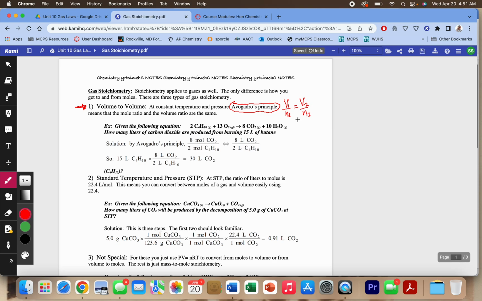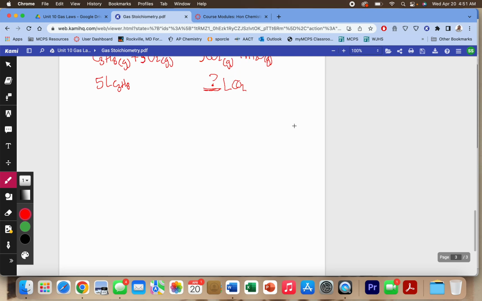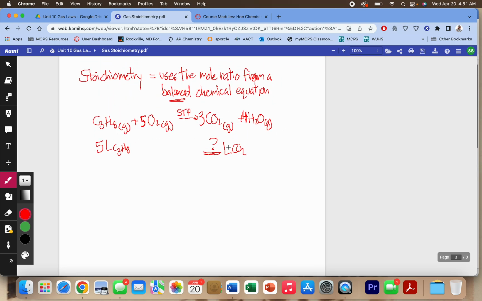Let's take a look at that, because our first sample problem was just that. This is volume to volume, in other words, liters to liters of gases at some constant temperature and pressure. In that case, I know, because of this equation, that there is a ratio of carbon dioxide: we can say 3 moles of CO2 for every 1 mole of propane.